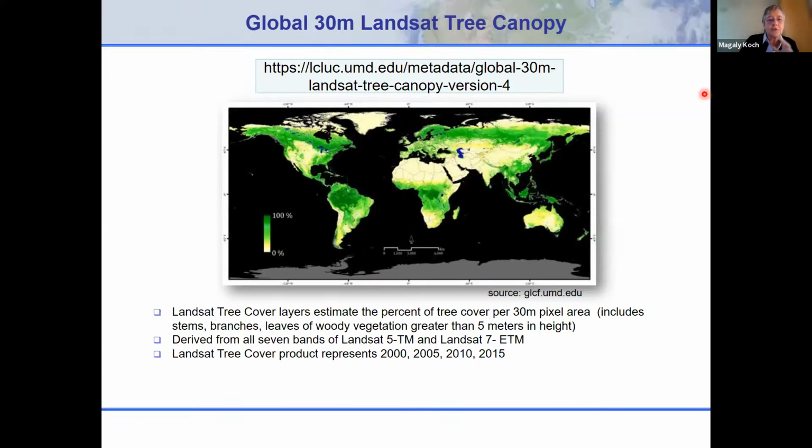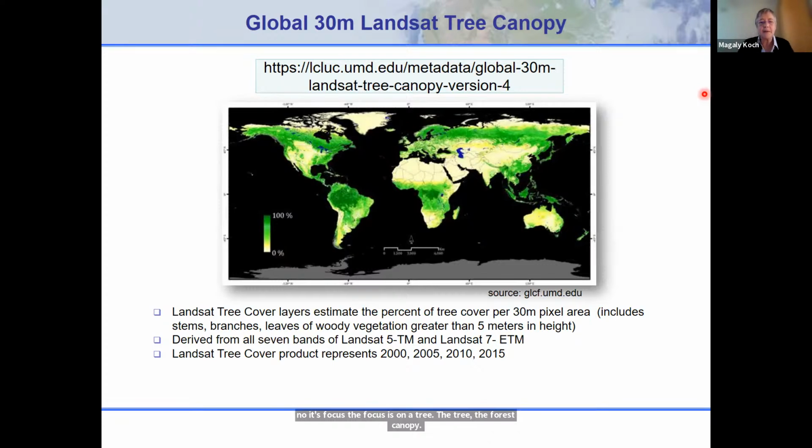There's an important effort to monitor forested areas globally. And one of the products that is available is called the Global 30-meter Landsat Tree Canopy product. And as the name says, it's a product that shows tree canopy, not bushes or vegetation, grass. Its focus is on the forest canopy.